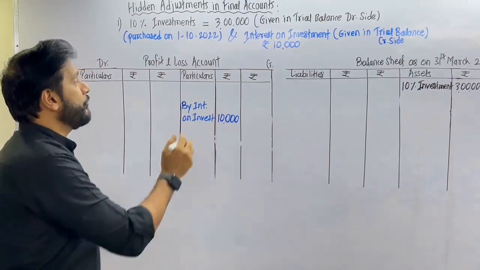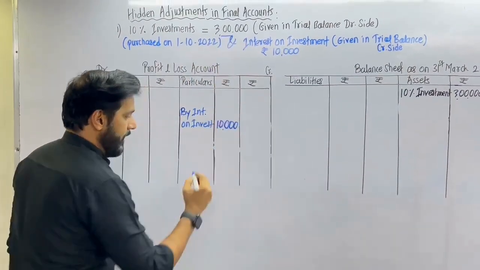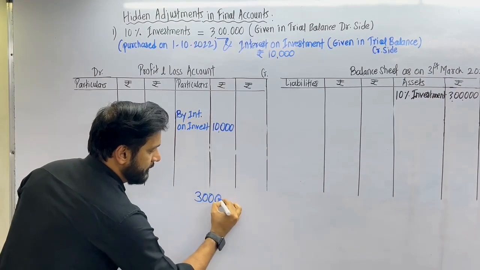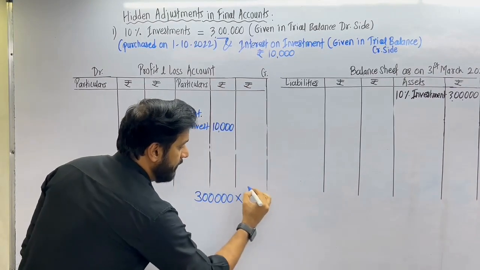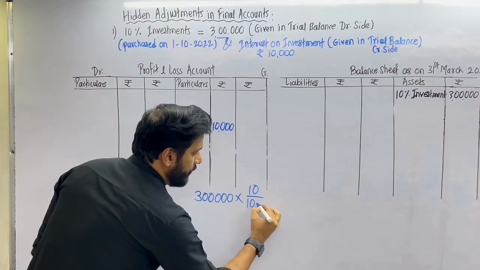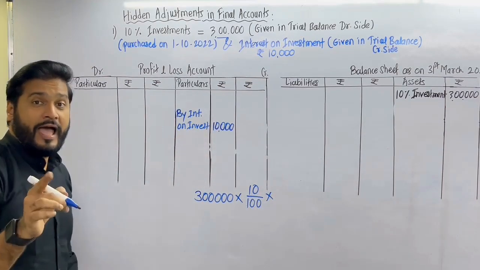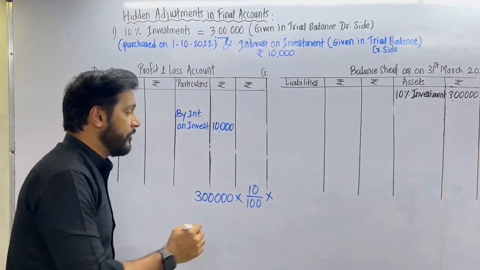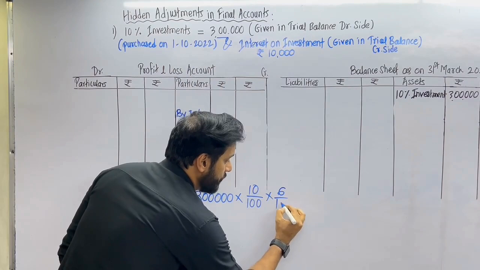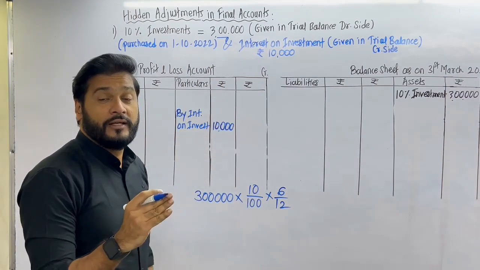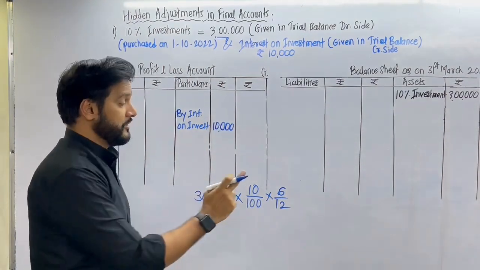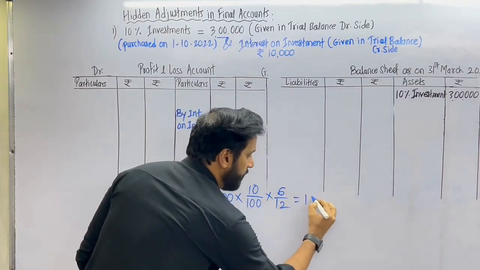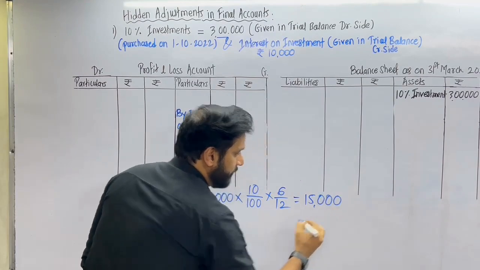But if you see properly, the amount of investment is 3 lakhs and 10% is the rate of interest. And if you see the date, on 1st October we have to calculate the interest. So for 1st October to 31st March, 6 months interest we need to calculate, which will come to 15,000.